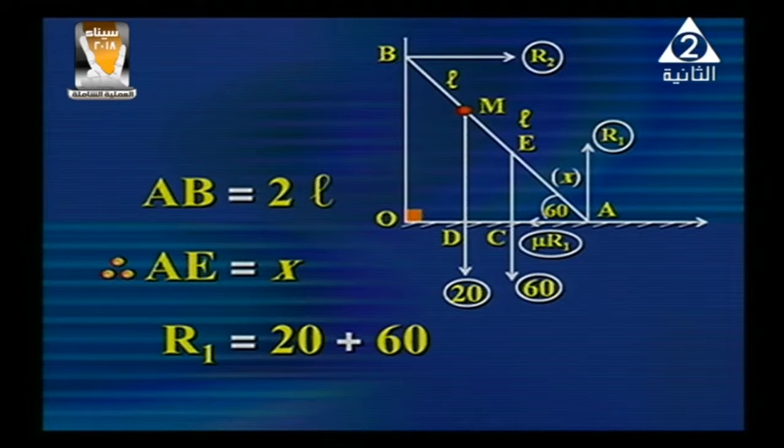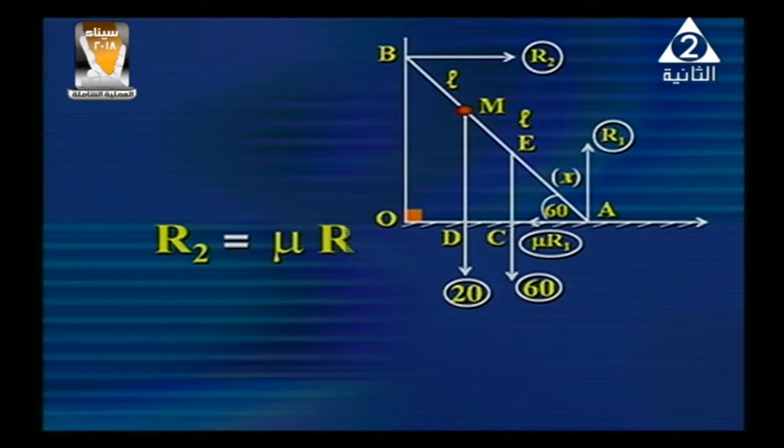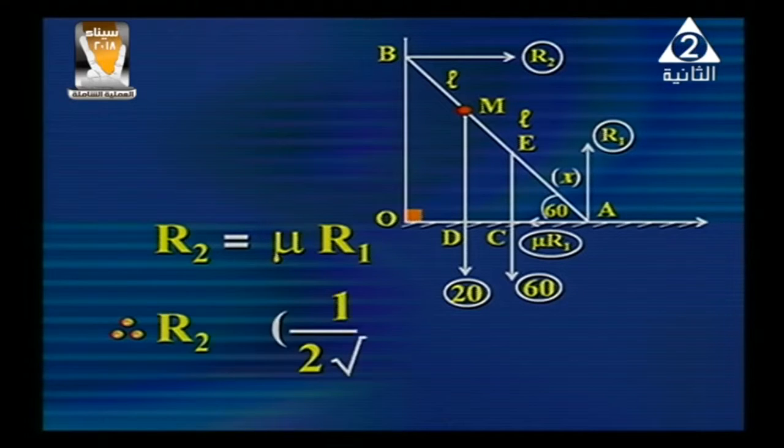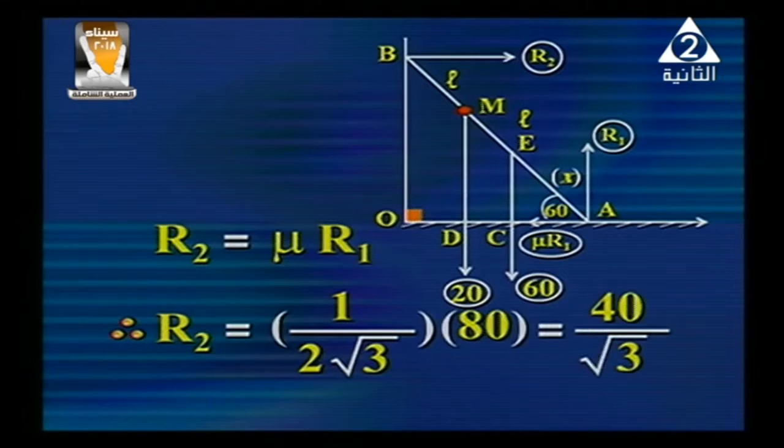Why? Because R1 equals 20 plus 60, equals 80 Newton. Then R2 equals mu R1. By using R1 equals 80 and mu equals 1 over 2 root 3, R2 equals 80 multiplied by that, equal to 40 over root 3. This is the reaction R2.